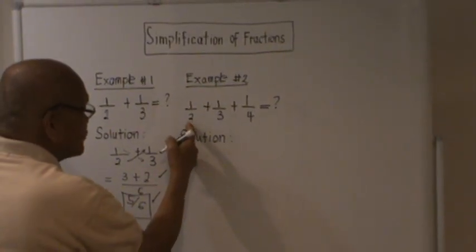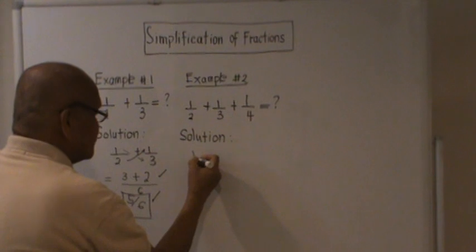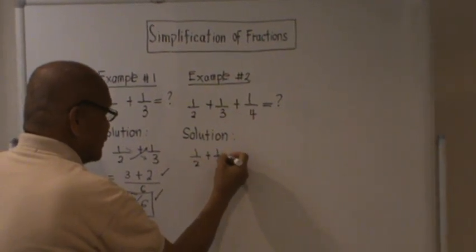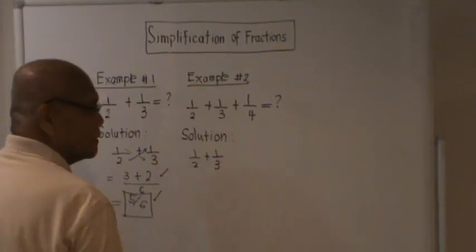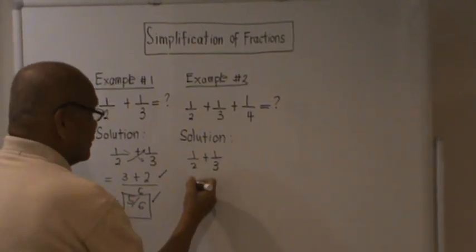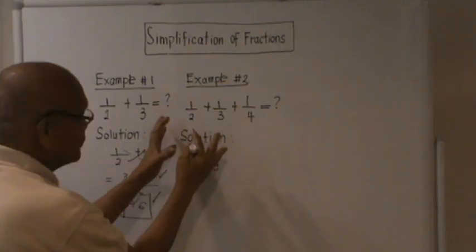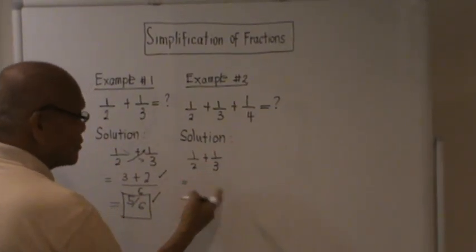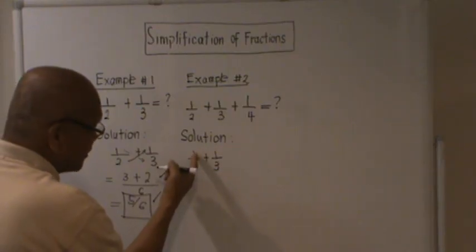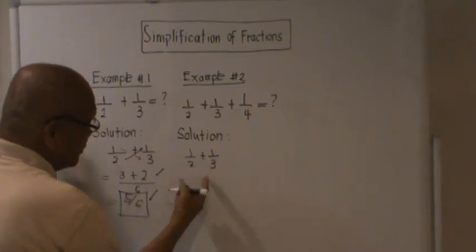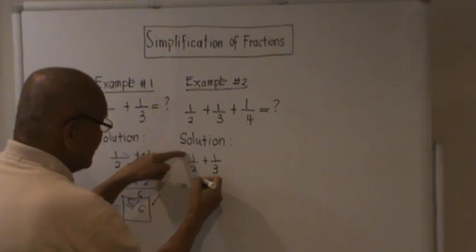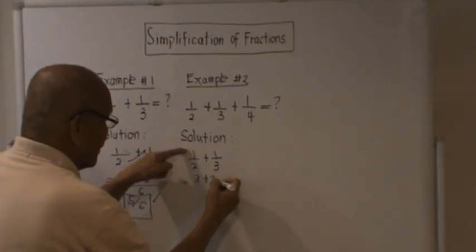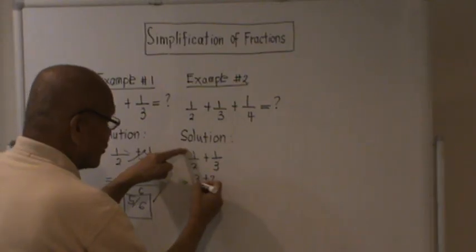We'll take the first two fractions, 1/2 plus 1/3. Okay? Well, we'll consider first the two fractions. So the resulting numerator will be the sum of the crisscross product of these. 1 times 3 will be 3, 2 times 1 will be 2, and the resulting common denominator will be the product.